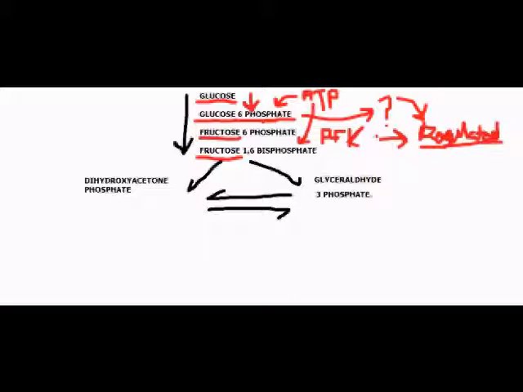Lots of ATP means that you don't need any more ATP, so that will allosterically downregulate phosphofructokinase. ADP or AMP will do the opposite. So high energy signals downregulate, low energy signals upregulate.